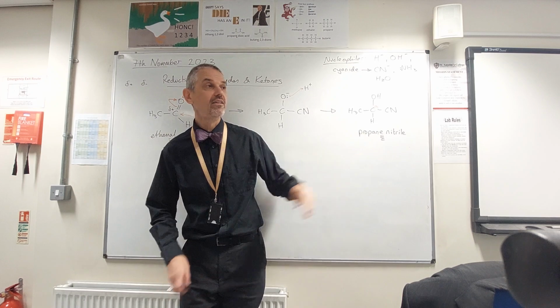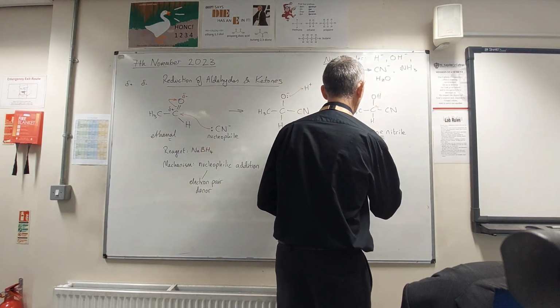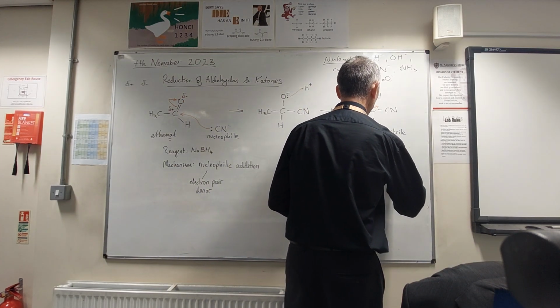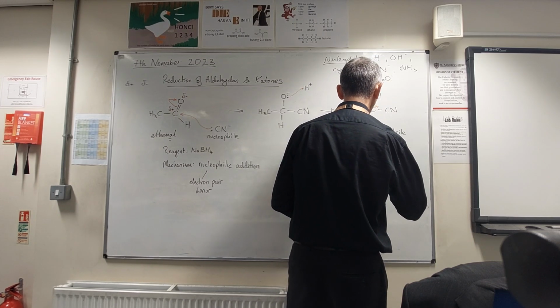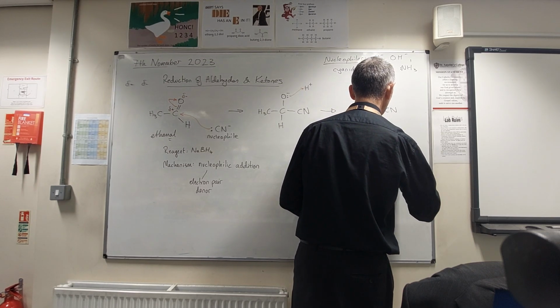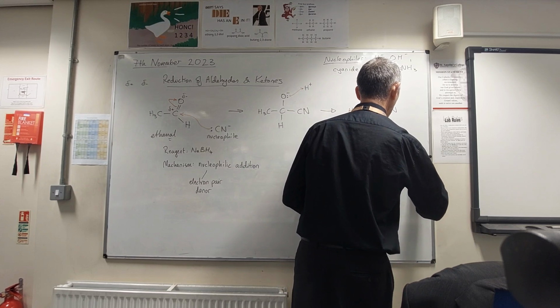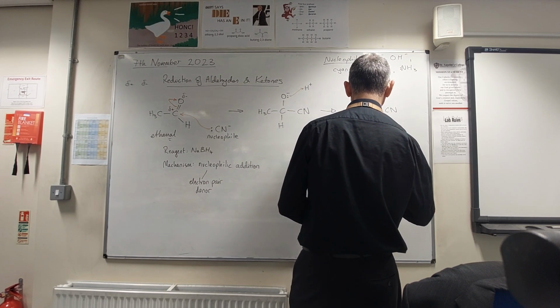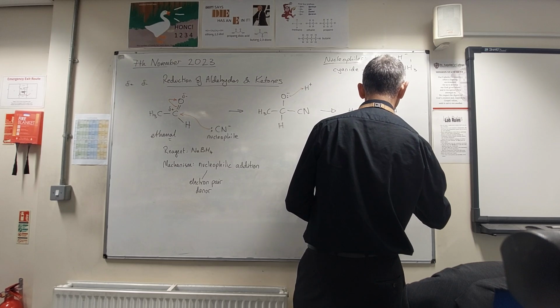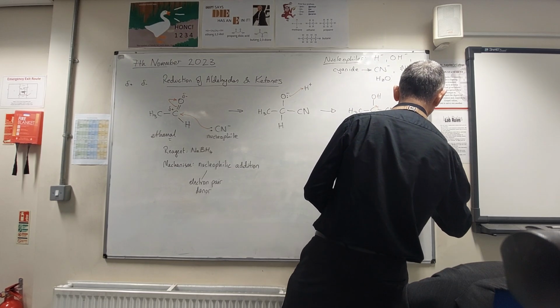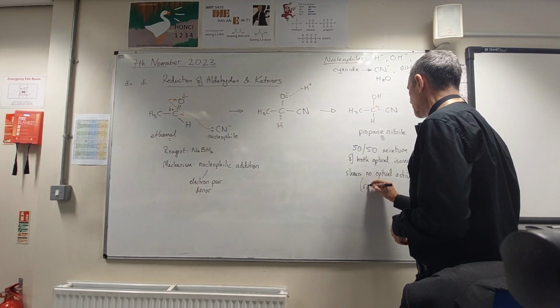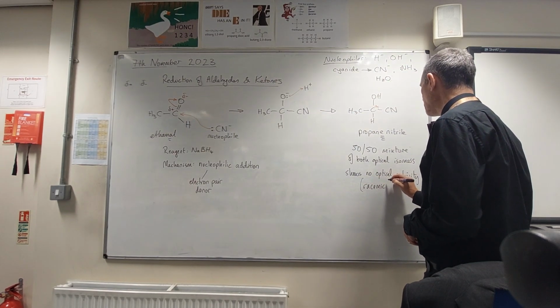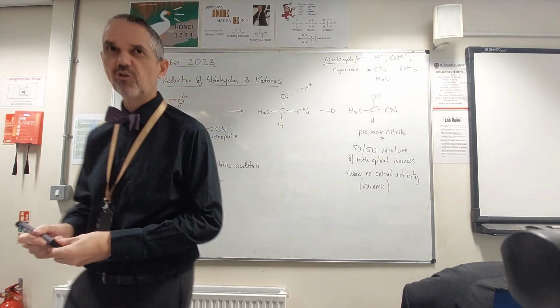Is the mixture racemic? Okay. Remember, if I make a 50-50 mixture of both optical isomers, it shows no optical activity. We say it's racemic, or a racemic mixture, or a racemate.